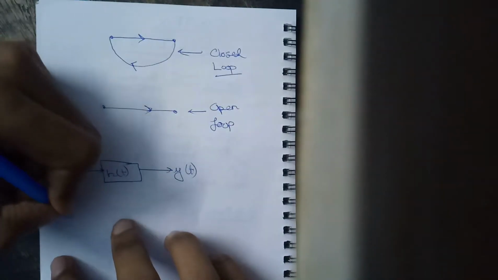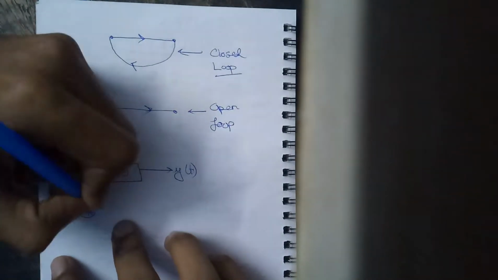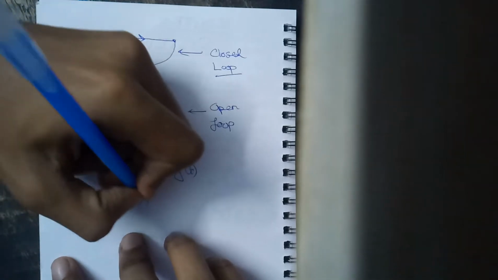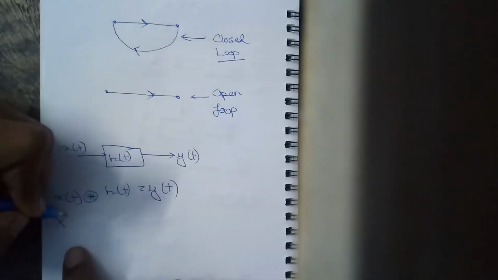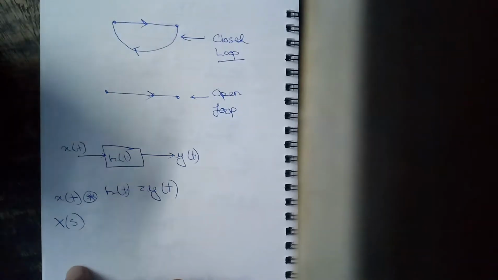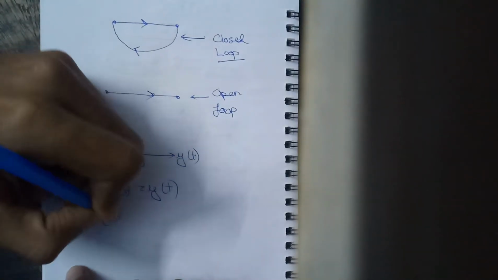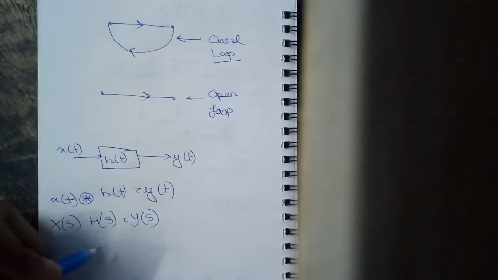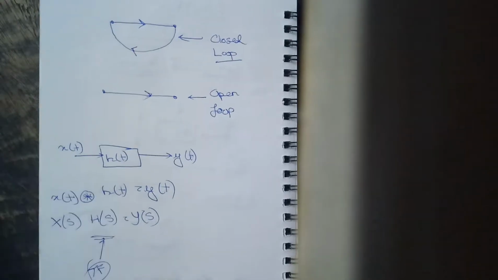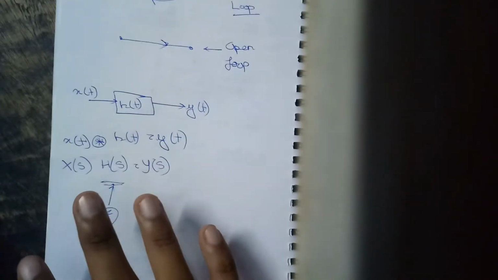So we know that x(t) convolved with h(t) gives us y(t). Great. So if we move into the Laplace domain, we can see that X(s) into H(s) gives us Y(s), right? So this H(s) is known as the transfer function. We know that. So every control system has a transfer function.